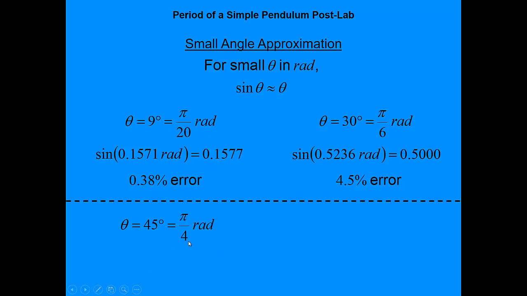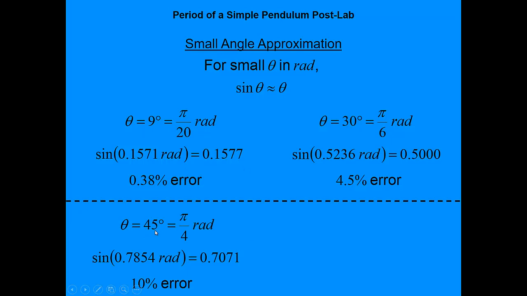45 degrees, which is pi fourths radians, 0.7854 radians. The sine of that is 0.7071. That's the square root of 2 over 2, by the way, right? 1.414, right? Divided by 2. That is 10% error. That's a lot of error for us, right? In physics, we normally have equipment that gets us much smaller error, so probably wouldn't be satisfied with that.